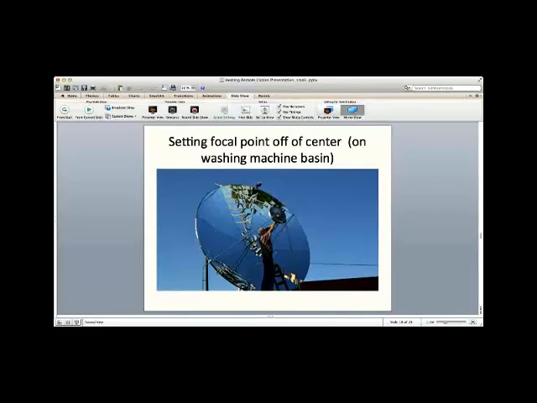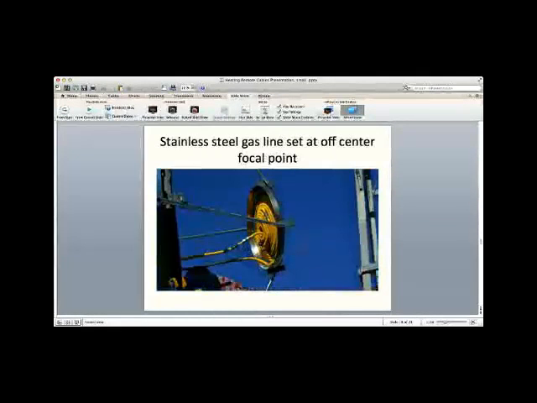So in this case, he's making a system that will concentrate all of the sun's rays on that one little stainless steel plate he has, which is the backside of a washing machine basin. And then he wraps it with the hose that I mentioned. That then goes, if you look down by his knees, across, and there you are. There's a picture there from the inside of the dish looking out.